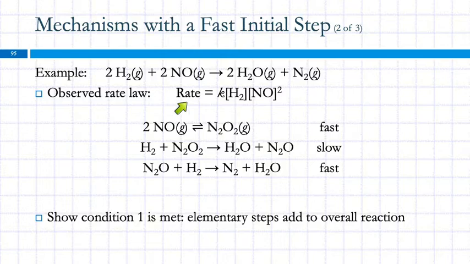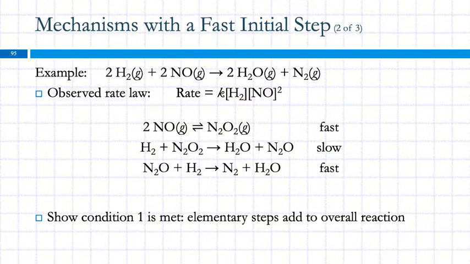So here's the observed rate law. It's first order for hydrogen, second order for nitrogen monoxide. And you notice this does not match what you would predict from that as an elementary step. They did experiments where they measured the rate when they changed concentrations, and they came up with this.